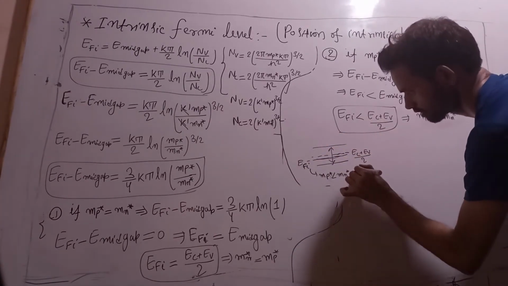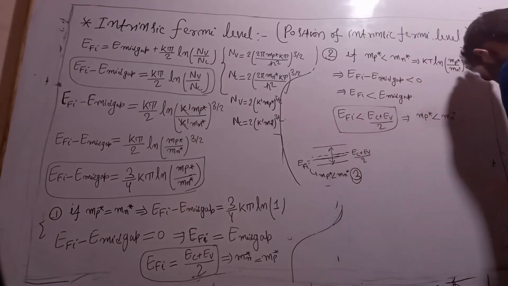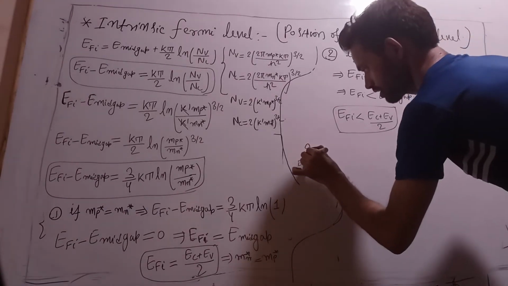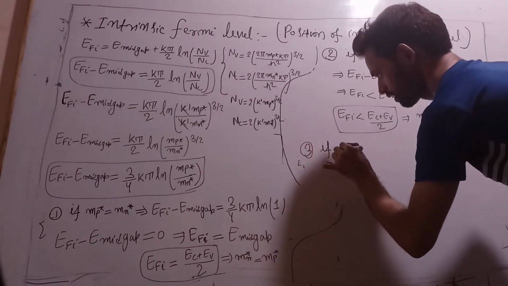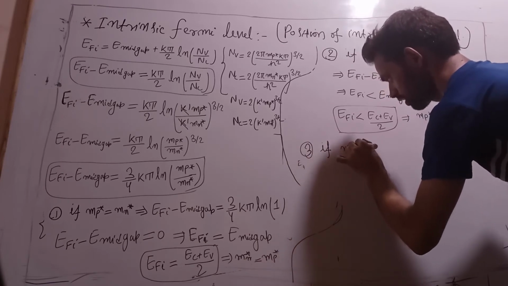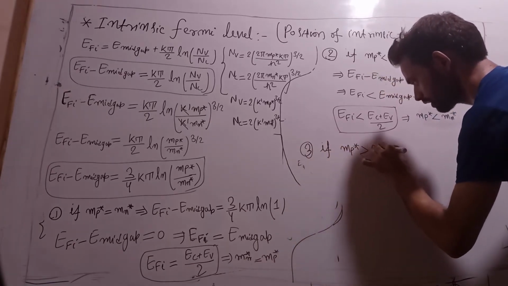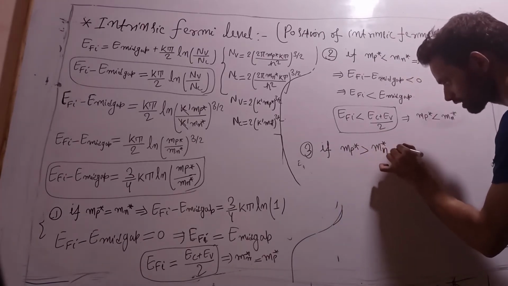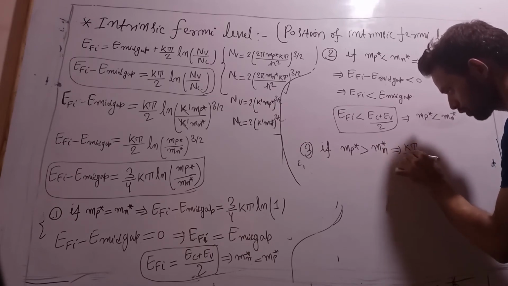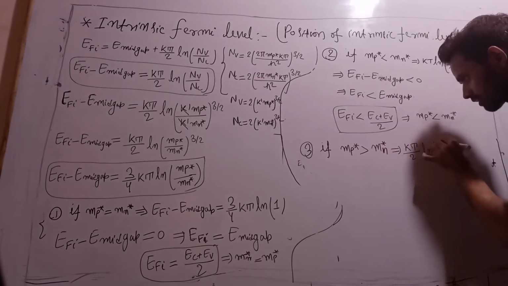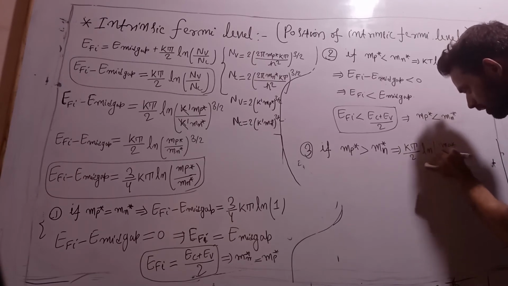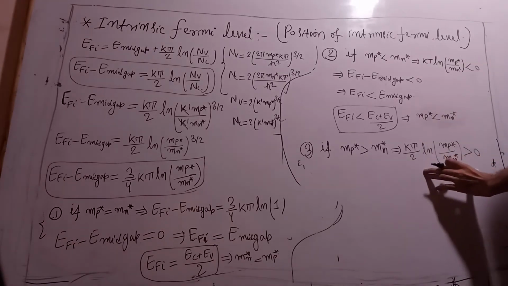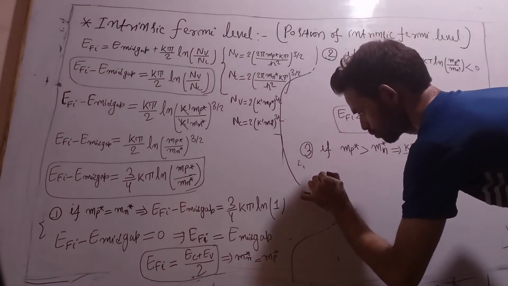So now the third case. Case third is when the effective mass of hole is greater than the effective mass of electron, which implies that (kT/2) ln(Mp*/Mn*) is greater than 0.